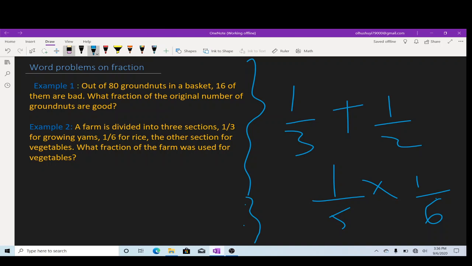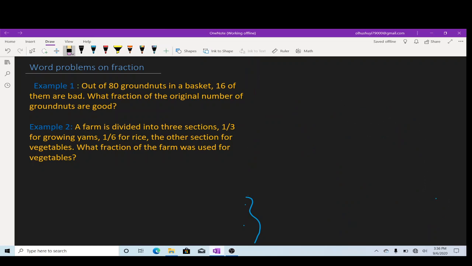So you have a question, and the question reads: out of 80 granules in a basket, 16 of them are bad. What fraction of the original number of granules are good?